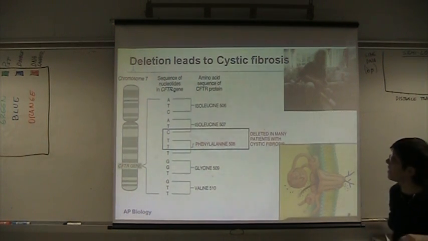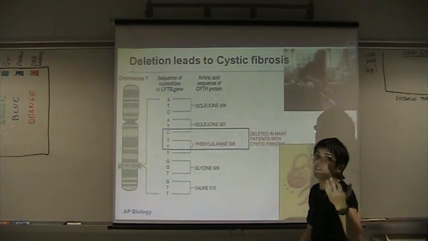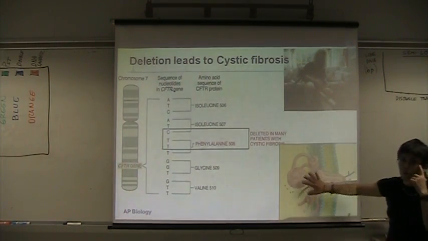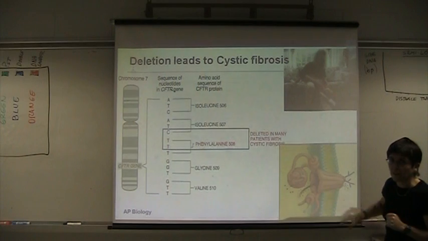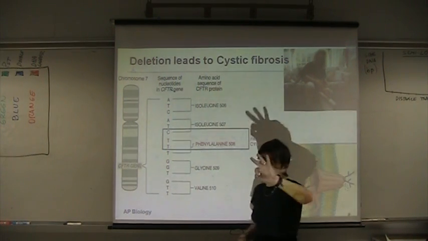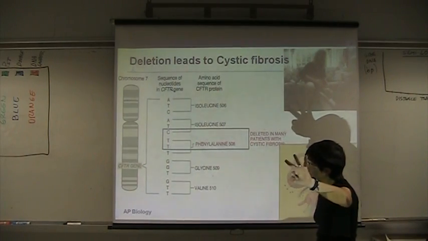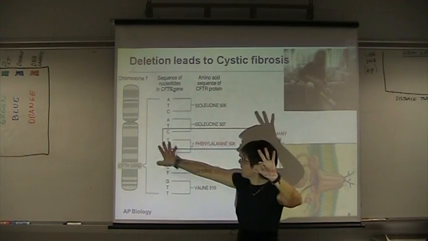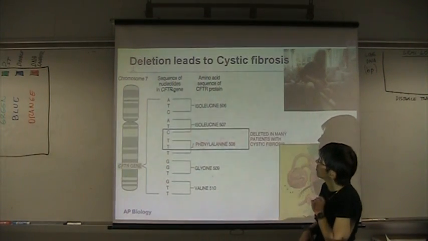A nice deletion here leads to the condition known as cystic fibrosis. That's the one where you have a bad protein in your cell membrane for the transport of chlorine ions. Here is a deletion that affects three nucleotides, or three nitrogen bases, whatever you prefer.